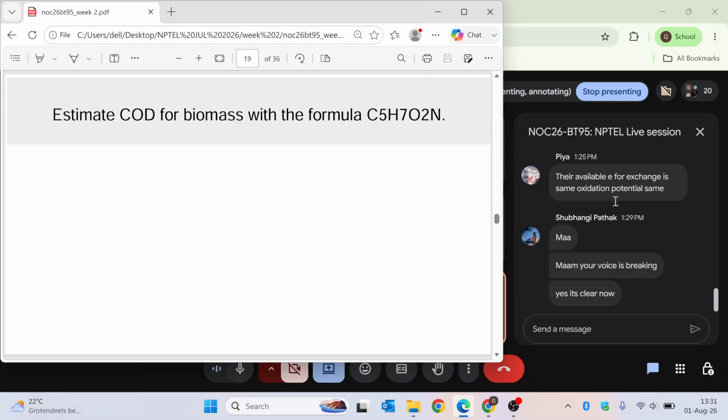It's just a guiding factor, but you also have to look at other factors that will affect your bioprocess. You cannot use acetate in place of glucose and say you are going to get the same results, the same amount of product or the same biomass yield. So in that aspect you have to be clear. So that was about the previous question.